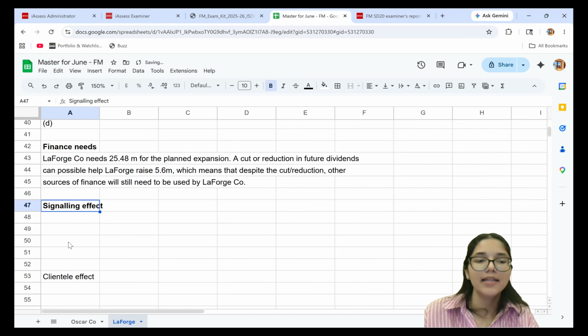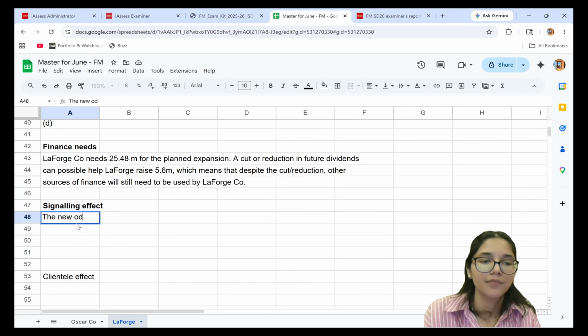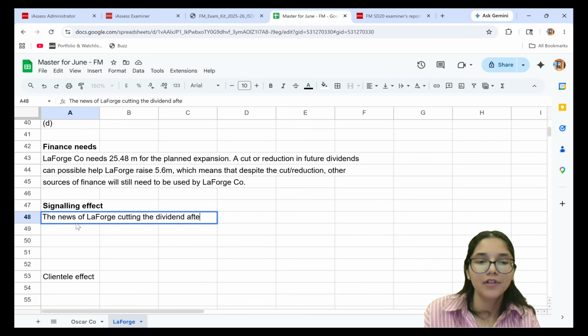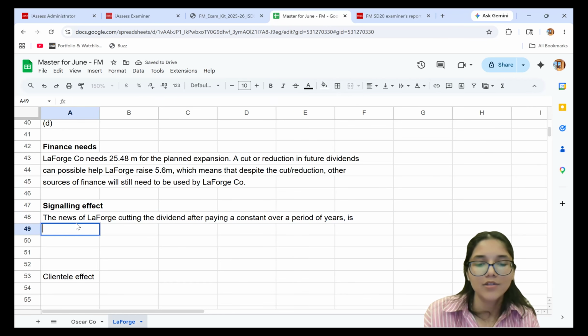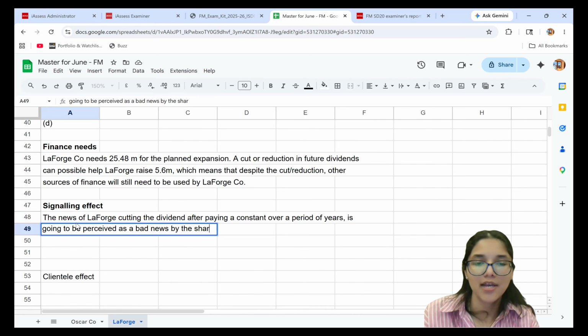Secondly, I talk about the signal effect. So what do I say over here? I say that the news of Laforge company cutting the dividend after paying a constant dividend over a period of years is going to be perceived as bad news by the shareholders.